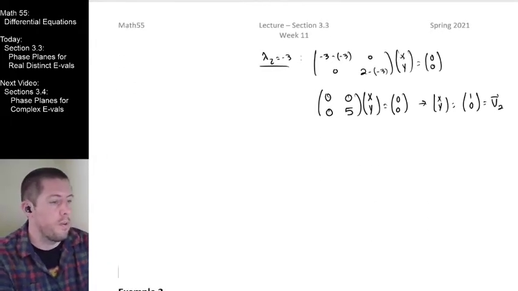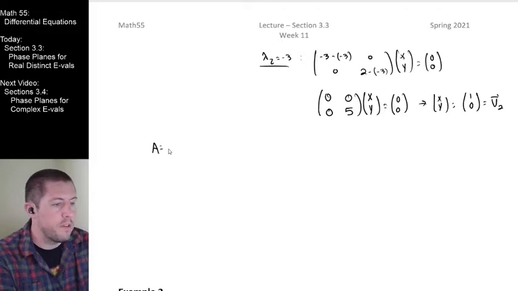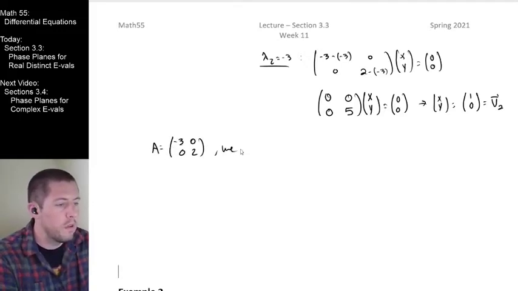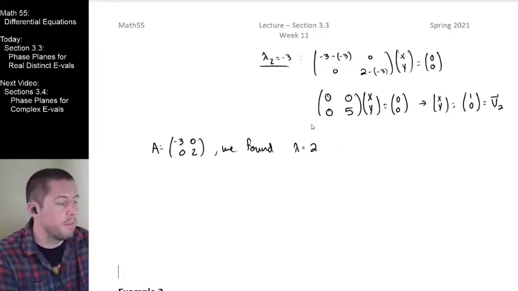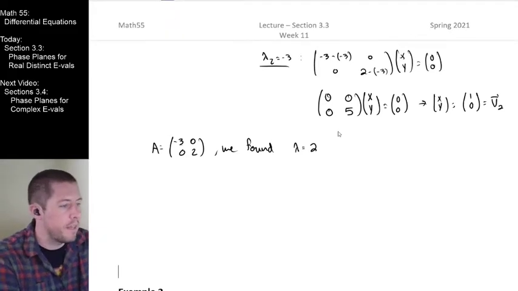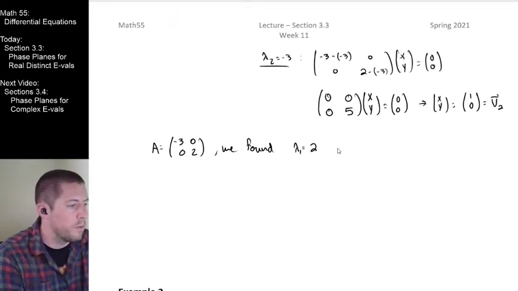So it looks like what we found here is that with our A matrix being negative 3, 0, 0, 2, we found lambda equals 2 and negative 3. I'm not going to write it that way. I want to make sure that I lump together my eigenvectors and eigenvalues. So I'm going to say lambda 1 equals 2 goes with eigenvector 1, which was 0, 1.